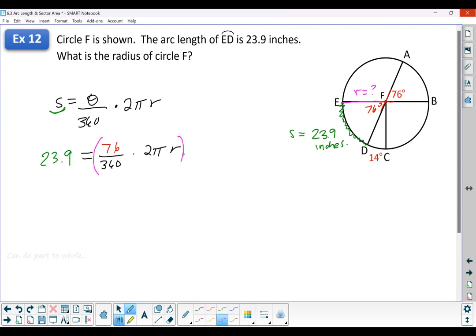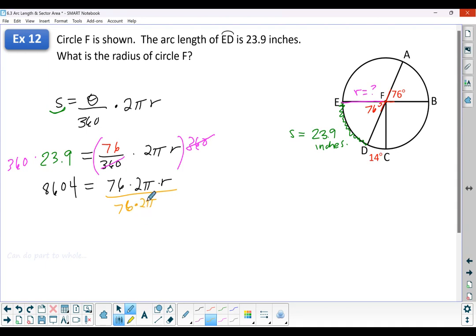I'm going to go ahead and multiply both sides of the equation by 360 to clear the denominator. So on the left, we have 360 multiplied by 23.9. So that's 8,604. And over here, I have 76 times 2 pi times r. So we can divide by all of those coefficients there all at once if we want to.